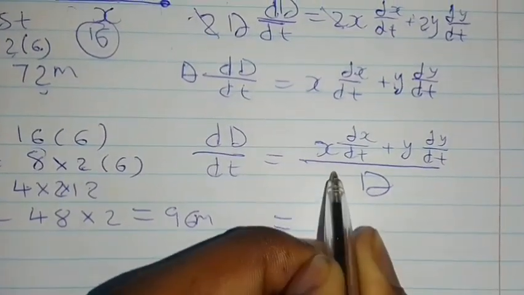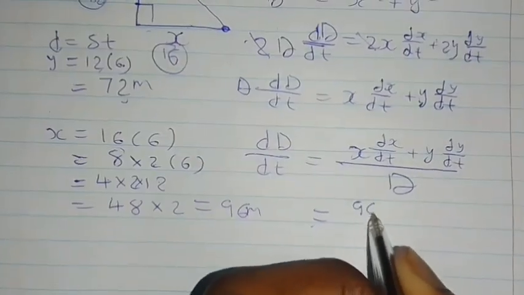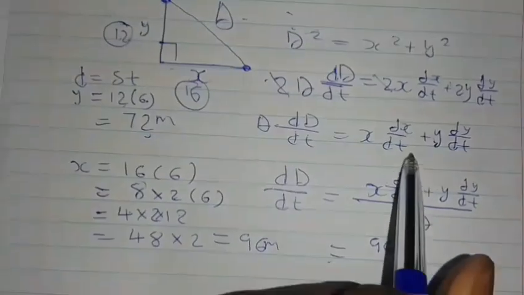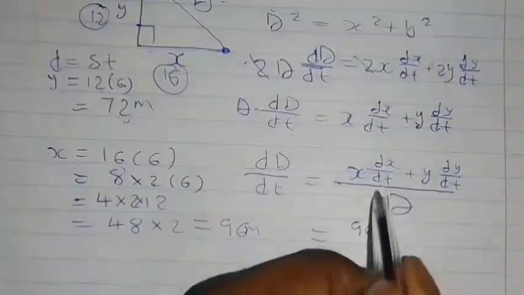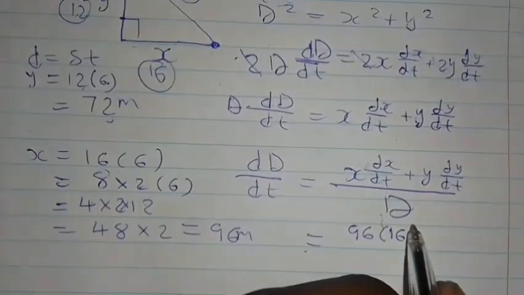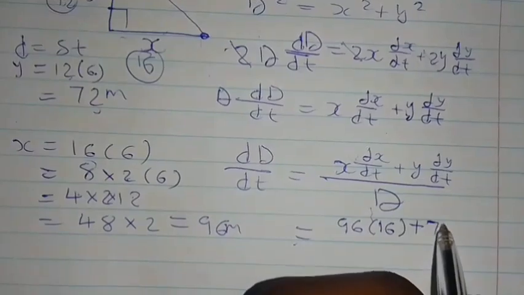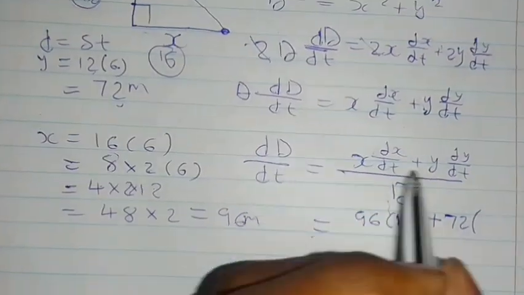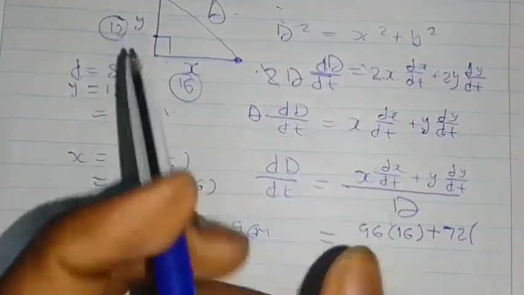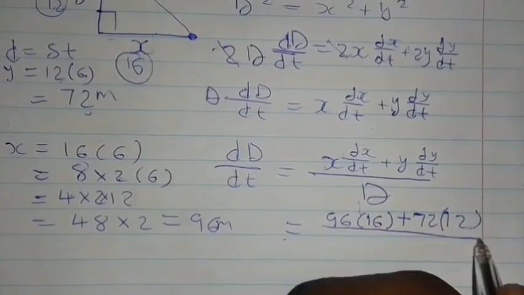This will be the same as your x, it's 96, and then dx over dt, this is 16, that's the speed in this case, plus y, it's 72, then dy over dt, this will be 12. Then you divide by d.